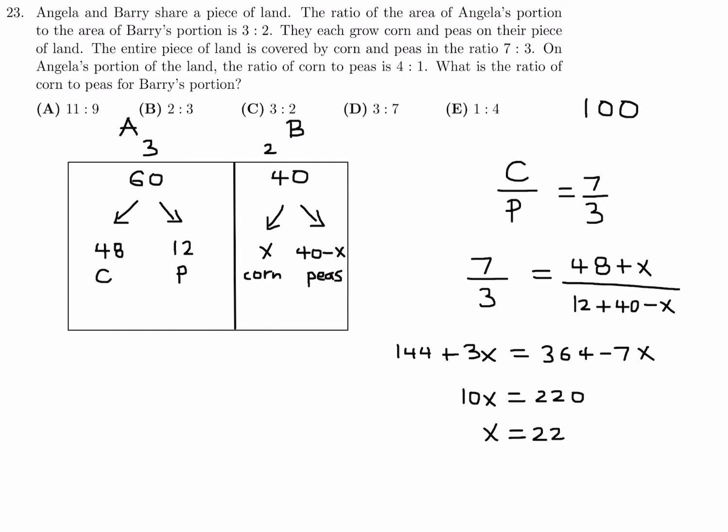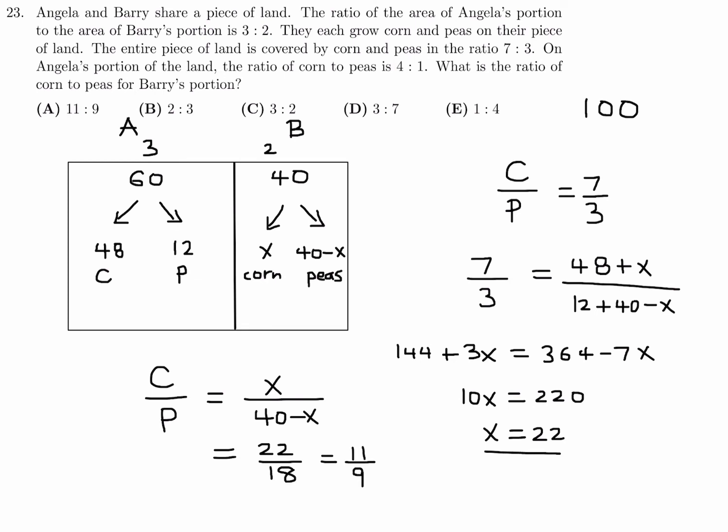What they want is the ratio of corn to peas for Barry. So corn to peas for Barry is x over 40 minus x. So x is 22, which means 22 over 18. And in lowest terms, that is 11 over 9. So number 23, the answer is A.